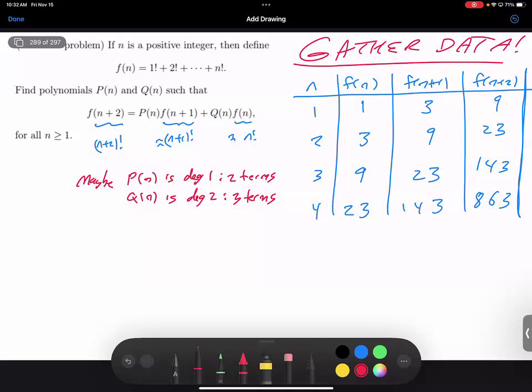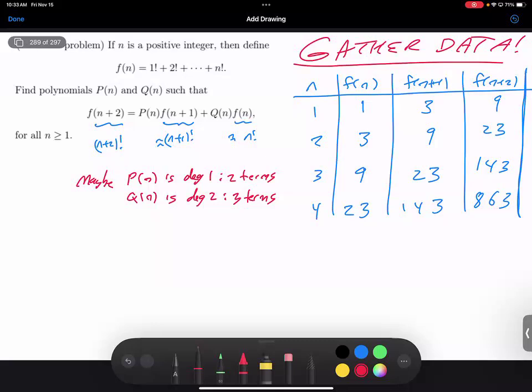Looking at this, there's no guarantee that it'll be the case, but maybe Pn is degree 1, maybe Qn is degree 2. But I could bump them both up, and maybe there's just catastrophic cancellation. Maybe Pn has a positive sign, Qn has a negative sign, and so maybe things perfectly cancel, and the main terms vanish. And does everyone see how that could be the case?